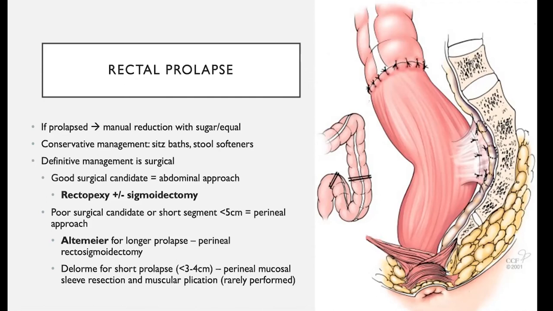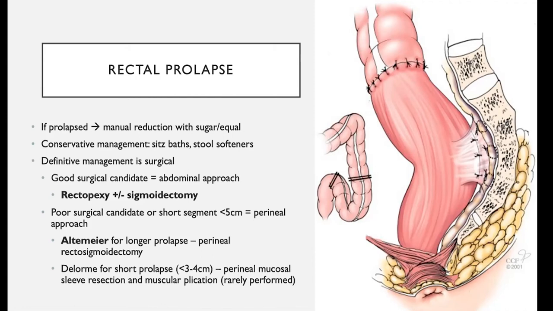Definitive management for rectal prolapse is surgical, and there are 2 different approaches. Those that can undergo more intensive surgery, or, quote, a good surgical candidate, undergo abdominal approaches. And this is a rectopexy, or typically a rectal mobilization and a rectopexy.